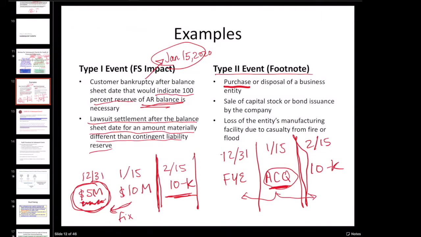So basically in a footnote, what you can do with a pro forma financial statement is within the footnote, you would have kind of a sample balance sheet and income statement that would show, this is our regular 12/31/19 balance sheet and income statement as they were, plus this was the business we acquired, right?